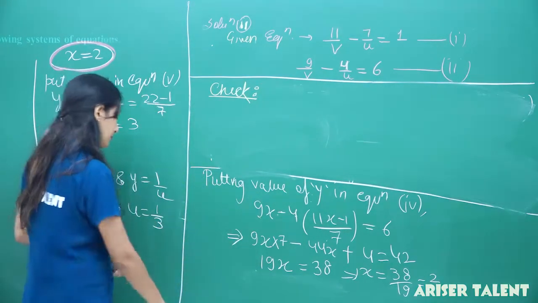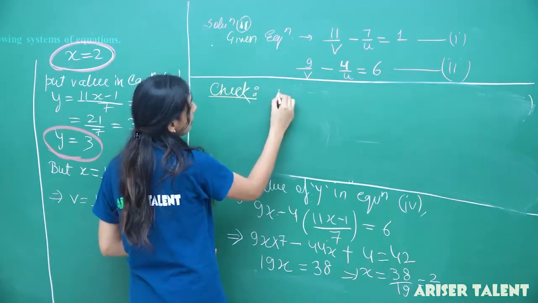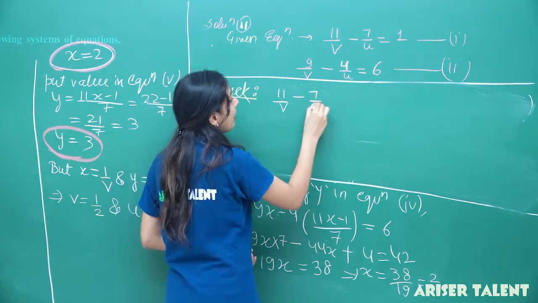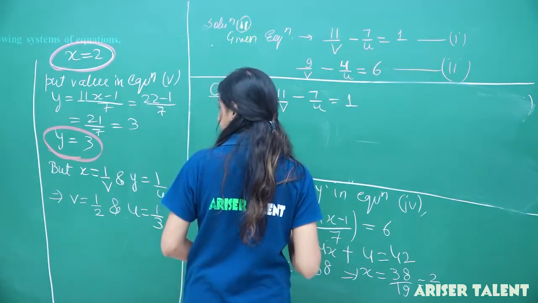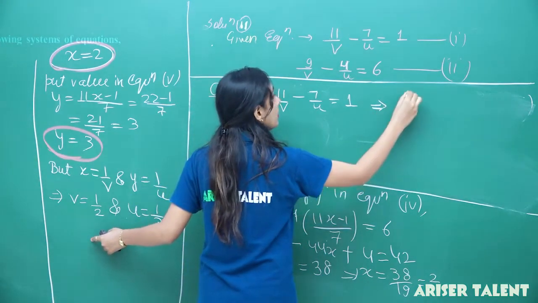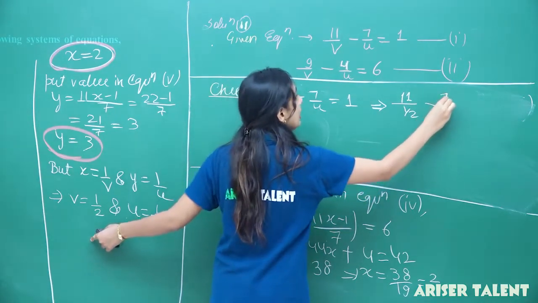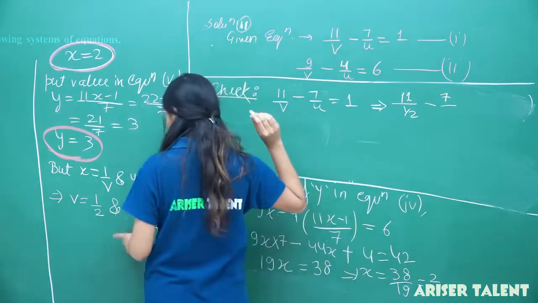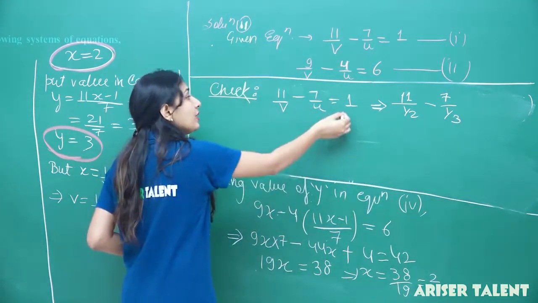It's a check. Right. So sound check, mic check and question check is 11 by v minus 7 by u equals to 1. Now the value of v is 1 by 2. That implies that 11 upon 1 by 2 minus 7 upon 1 by 3 should be equals to what? 1.